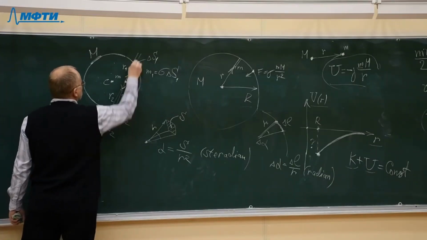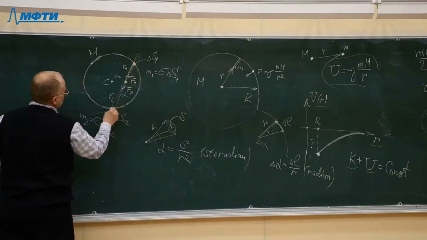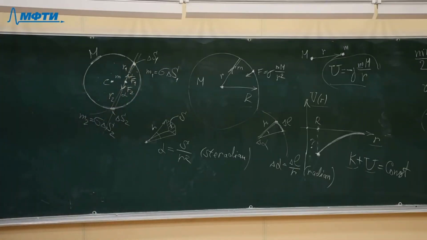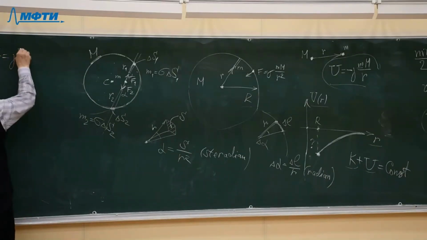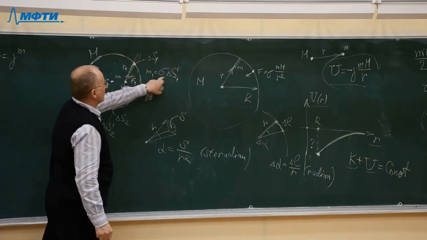These are the forces of attraction due to the law of universal gravitation. And we can easily calculate the force F1, which must be gamma m times the mass of this surface area, which is m1, over radius r1 squared. What is m1, the mass of this surface area? Sigma delta S1.